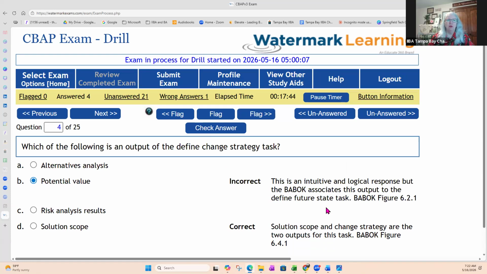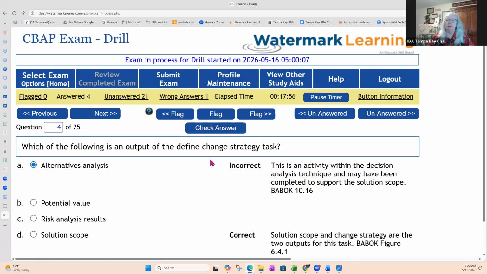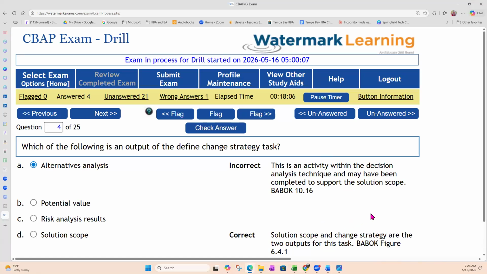That's when you get your potential value. It's not an output of the define change strategy task, though. Sorry, can you go back to A again? I just want to get the chapter. Yes, thanks. Chapter 10 is where all the techniques are, and it's going to be the 16th task. Decision analysis, maybe?